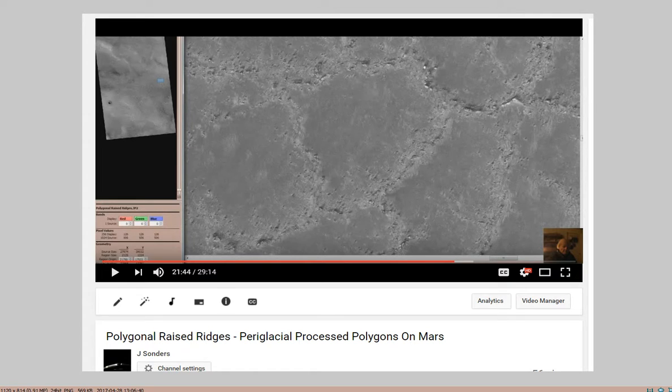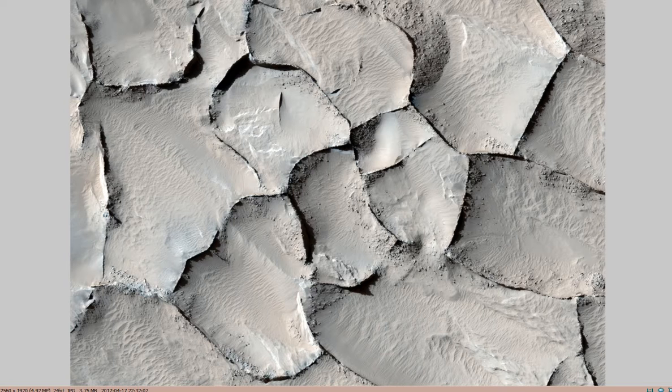So, this photo though, this video and this photo, is what happens to these polygons when all the moisture disappears and they shrink. And if you first look at this, it's almost an optical illusion because it looks like these are all bulged up in the middle, but actually they're not anymore.